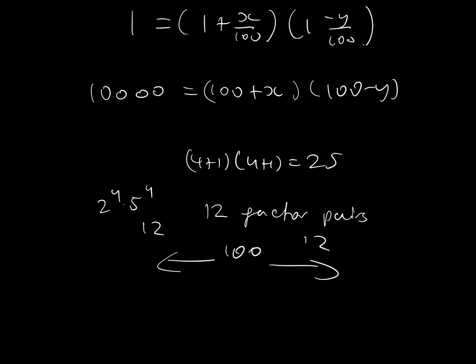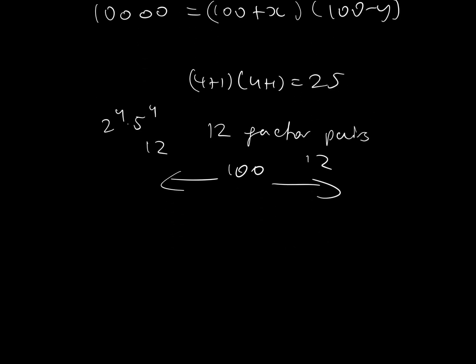Say for example, if it were 100 plus 100 is 200, then it would be 100 minus y, and this would be negative, right? So that would not be good. Or 0. So then it will not be equal. So therefore, there are indeed 12 possible values of x and y. And now we're looking for x, so it's 12 possible values. And that is our answer for this question.